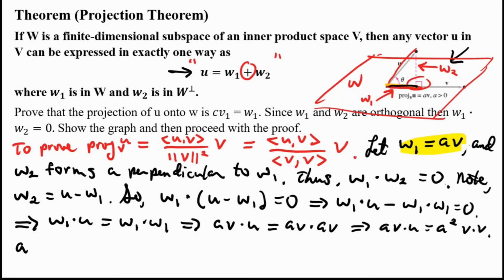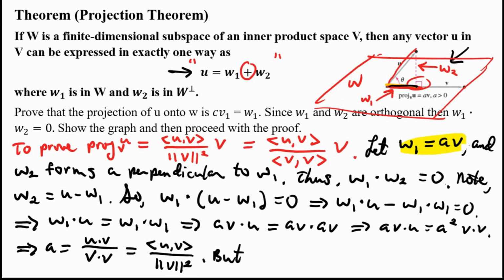So this implies that we get a is equal to, I'm going to write this since v dot u is commutative, so this is the same thing as u dot v divided by the inner product of v and v. Okay. So now you can write this as this is the inner product of u and v. This is all over the norm of v squared. Now that's just a, right?